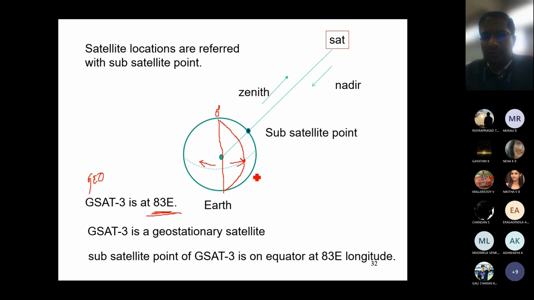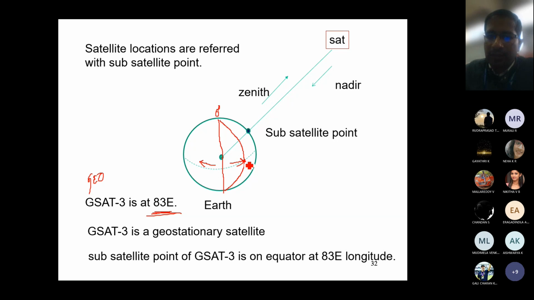sub-satellite point. Assume that the sub-satellite point is always on the surface of the Earth. It is not located in space. Your satellite is in space, but not the sub-satellite point. The sub-satellite point is on the surface of the Earth. It is the line joining the center of the Earth to the satellite, and where it intersects is called the sub-satellite point.